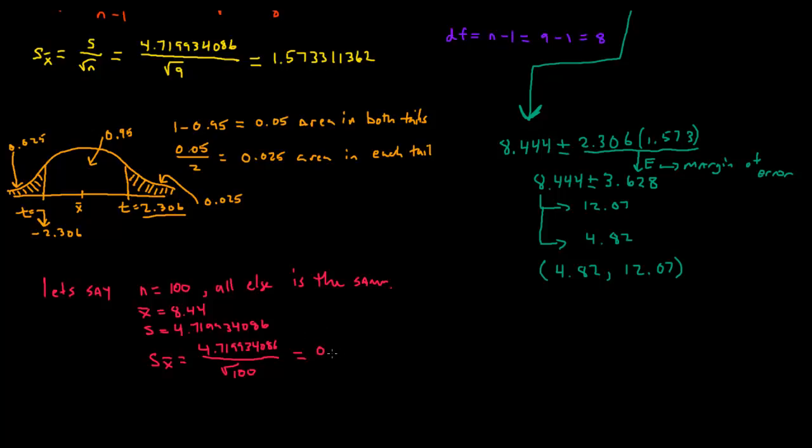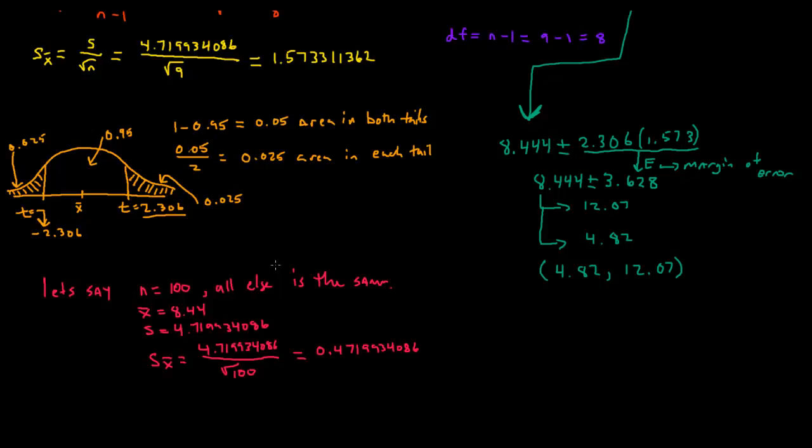So you get 0.4719934086. Okay? So you see right off the bat that our standard deviation of the sampling distribution is reduced by about 1/3. Okay? So that's going to make the margin of error smaller, since that's one component of the margin of error.